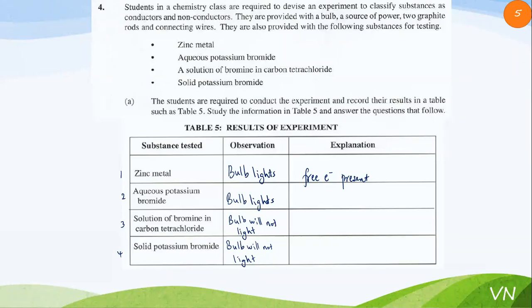Aqueous potassium bromide, in this case here, we have free ions present. All right, and in the other 2 cases, there are no free ions present.